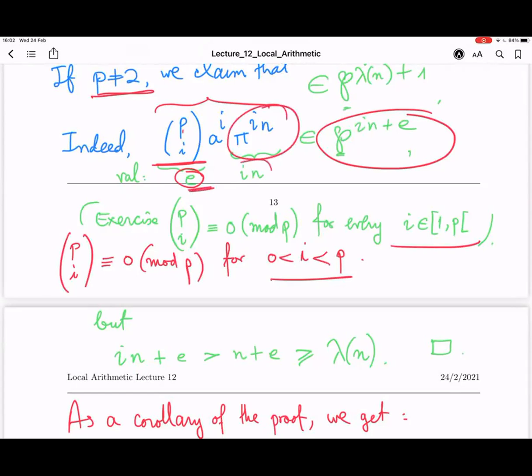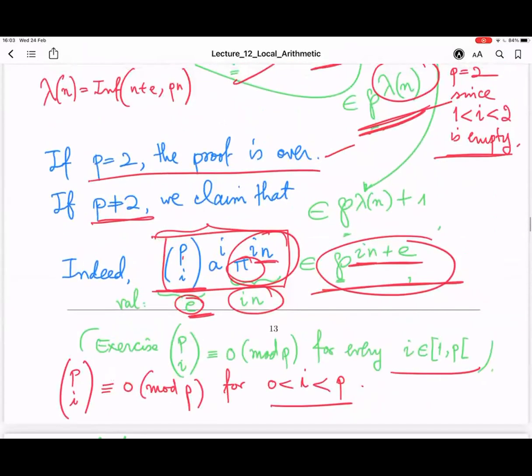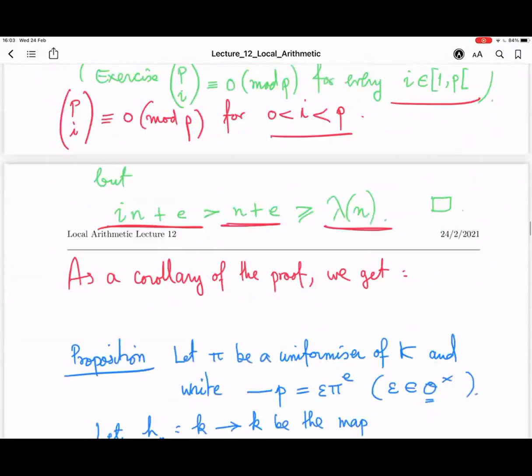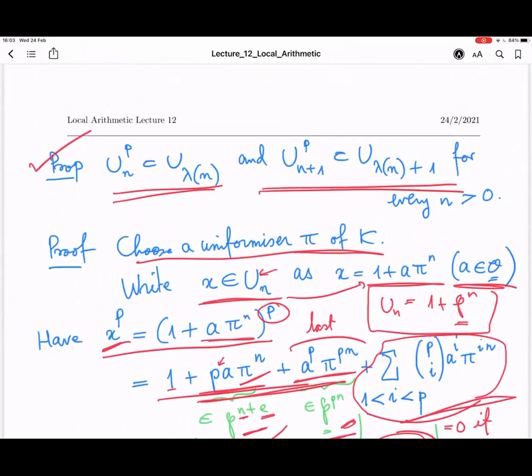The valuation of this is equal to in, right? Because the valuation of π is equal to 1. So each of the terms here belongs to the power in plus e of the maximal ideal. But in plus e is obviously strictly greater than n plus e, which is greater than or equal to λ(n). So there's no problem. These terms also belong to the power λ(n). So we have proved our statement, we have proved this proposition.